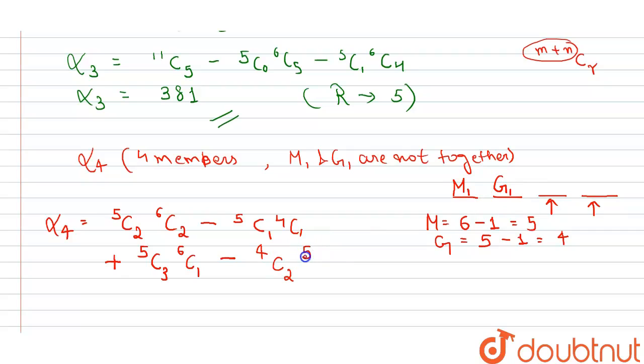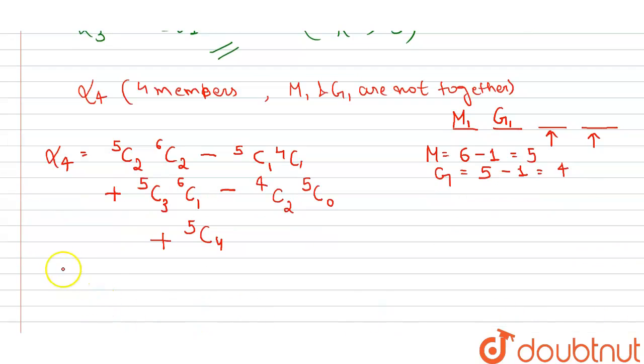And from the boys, we select no one. So this is our second case. Plus 5C4 means all are girls. When all are girls, there is no M1, so we don't have to subtract from this third part. When you solve it, our alpha 4 equals 189.